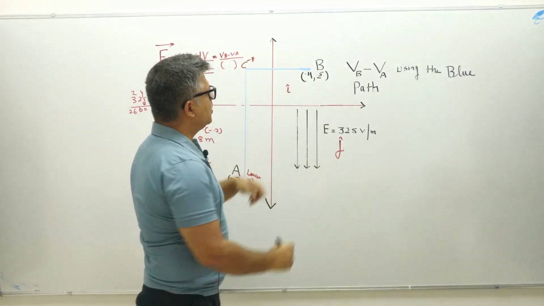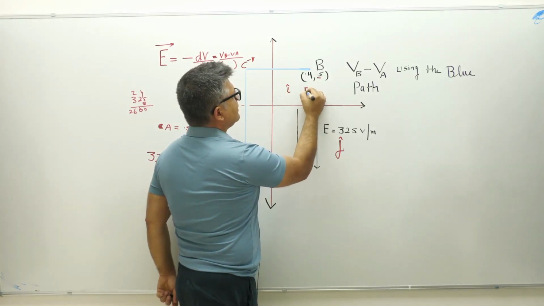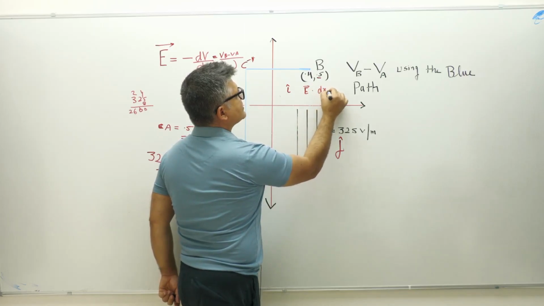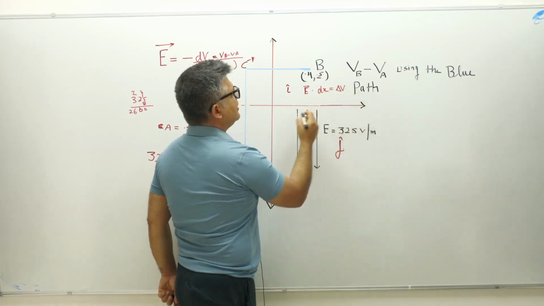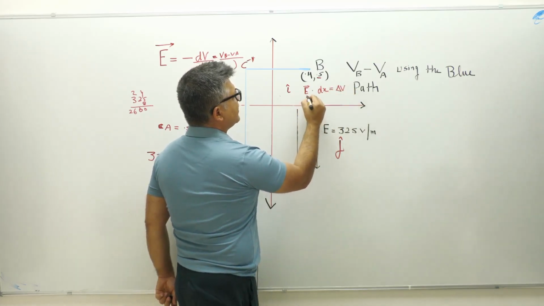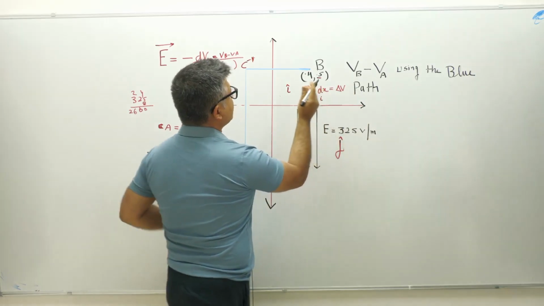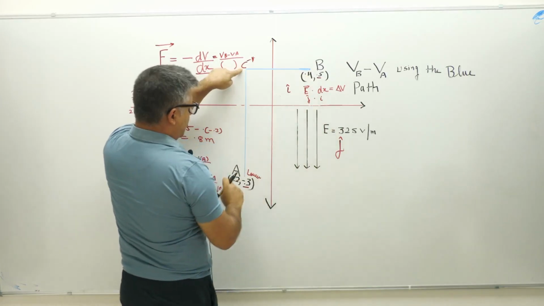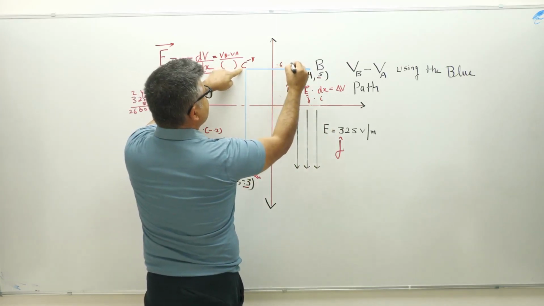So if I do E dot dx to calculate delta V, which is scalar, I am going to multiply the j with the I, because this is I, right? How much is this? So this is 0.4 and 0.2. So this is 0.6 in all.